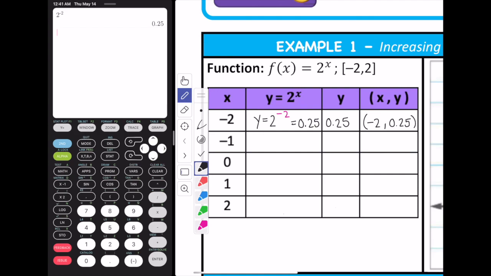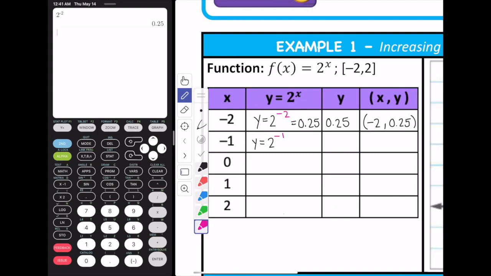Now I'm going to do one more point, and then I'm going to fast forward through the rest of the points on the table, but we're doing exactly the same thing. We're going to rewrite y equals 2, then for our exponent, because the exponent is x, that's where I'm going to plug in this x value that I have here, and then we're going to calculate that.